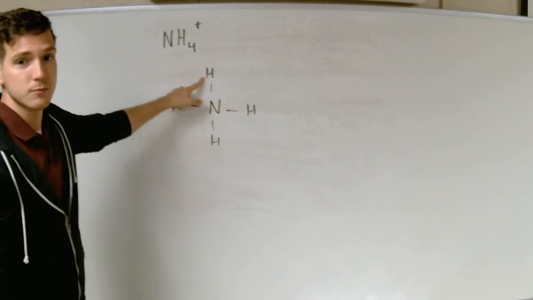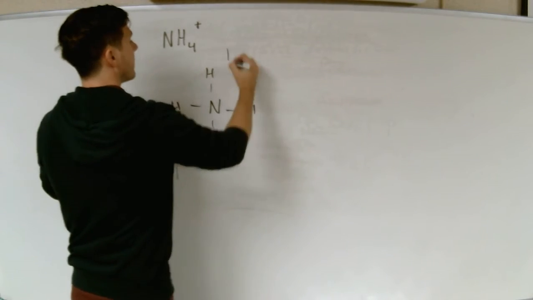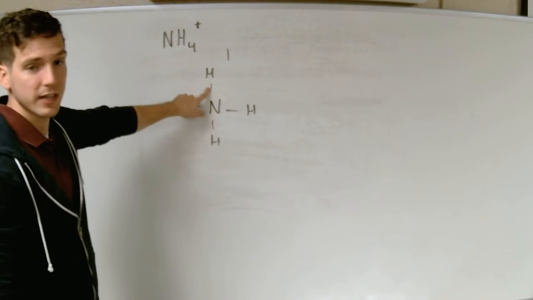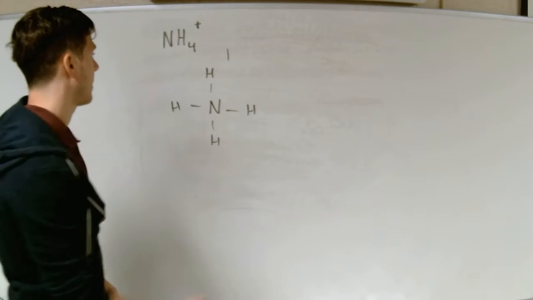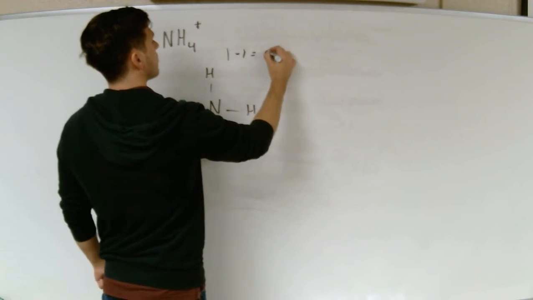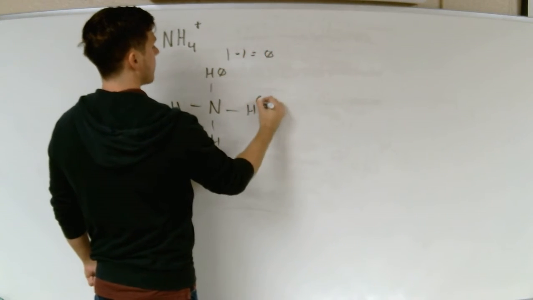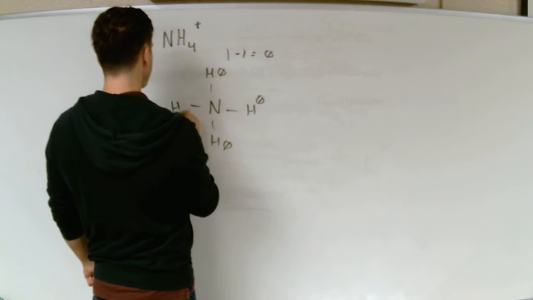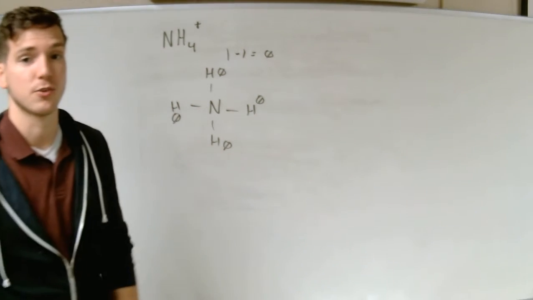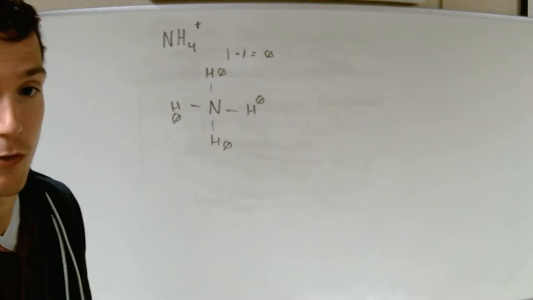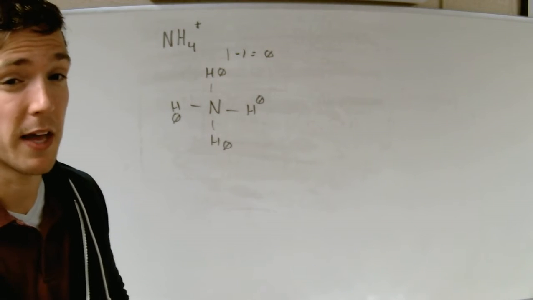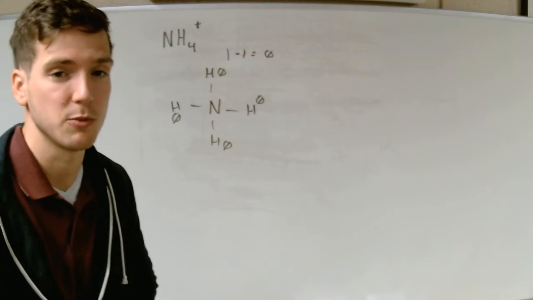Hydrogen has 1 valence electron, and it is surrounded by 1 electron. That bond counts as 1 electron, so it has a formal charge of 0. So that means all my hydrogens have a formal charge of 0. You don't have to put that on the Lewis structure, it's just good to help you keep track.